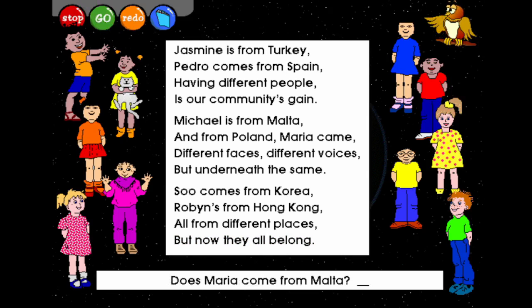Type Y if Maria comes from Malta, or N if she does not. Type Y if Pedro was born in Spain. Type Y if all the children live in the same country. Does Jasmine live in Turkey? Type Y if Maria comes from Poland, or N if she does not.